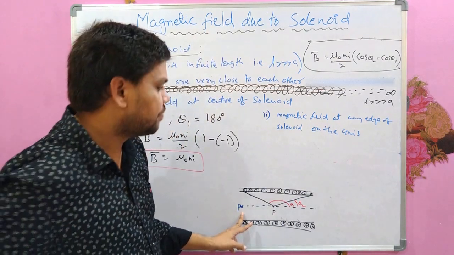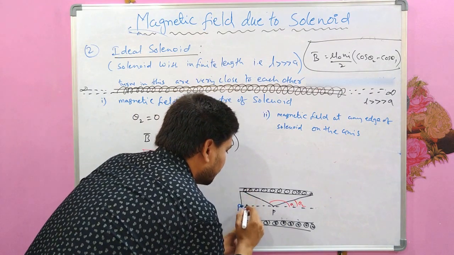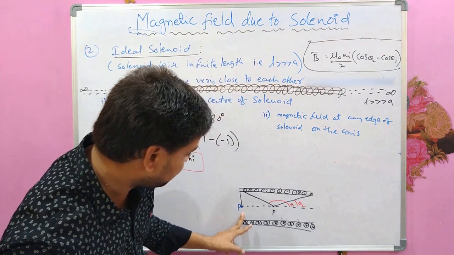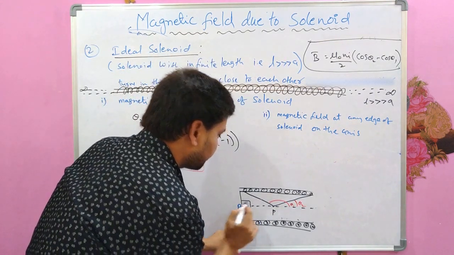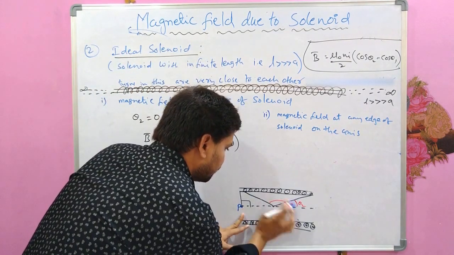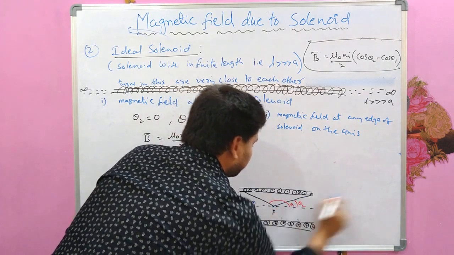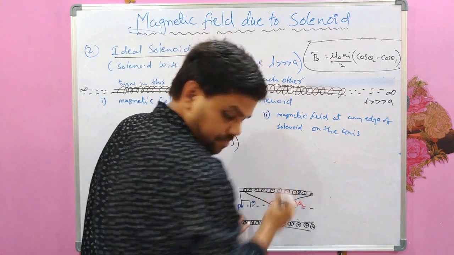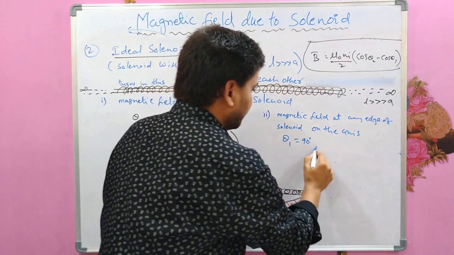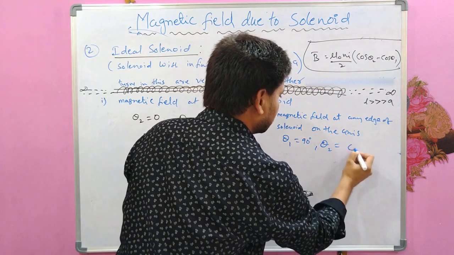theta 1 is for this edge and theta 2 is for that edge. Theta 1 for this edge will be this, and for that edge theta 2. So theta 1 will be 90 degrees and theta 2 will be 0 degrees.